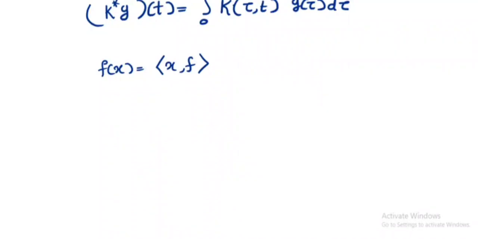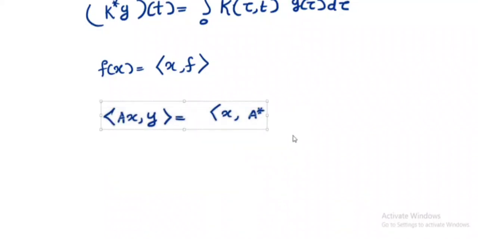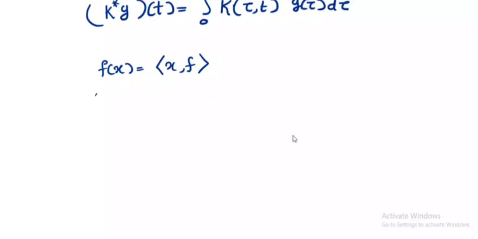Okay. And another notation, in the case of the dual operator, we can denote this like this: the inner product of Ax, f is equal to x, A star f.